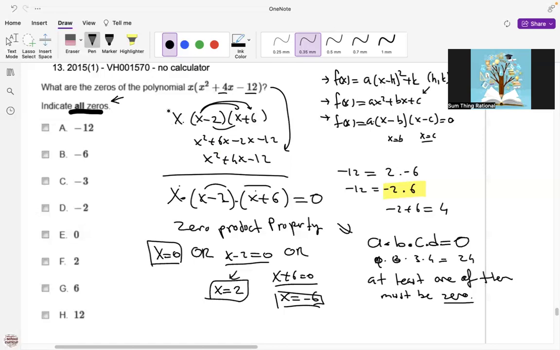So we have three answers for zeros. x can be 0, x can be 2, x can be negative 6. Because of that, we need to look for 2, 0, and negative 6. Okay? 2, 0, and negative 6 will be the correct options. They have given 8 options, but 3 of them are correct.